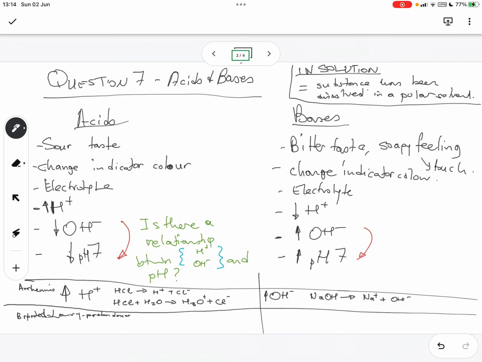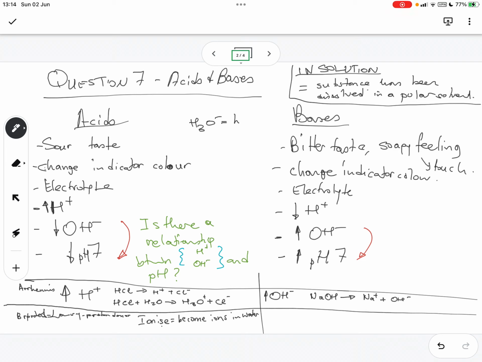But now, this is just for acid-base theories. There's another one, the reactions with water, where acids ionize in water, they become ions, to produce hydronium ions.